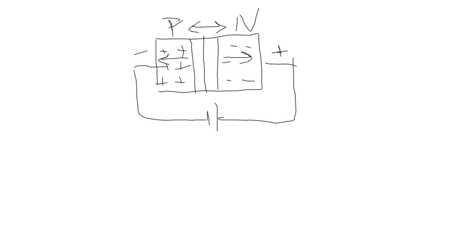Now the depletion region is void of charge carriers, so it's actually an insulator. And as long as I've got that insulator there, there's going to be zero current flow. Now in real life, there can be a small leakage current in this situation. This is what we call reverse bias.